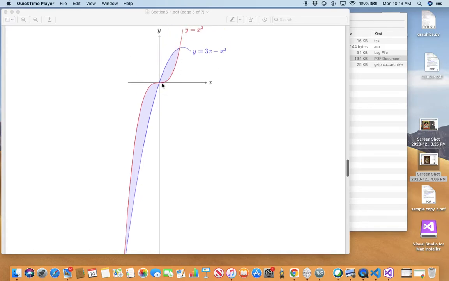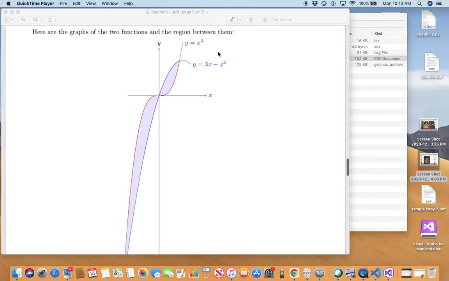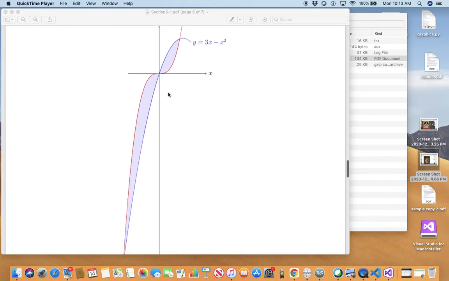Notice over part of the interval, x cubed is above the parabola, and in the other part of the interval, the parabola is above the x cubed function. So the question is, when does that happen? In other words, you need to find the intersection points. Actually, all you need are the x coordinates, not the y coordinates.